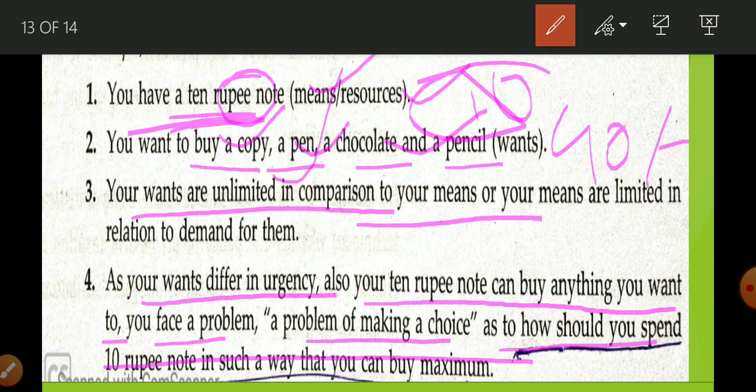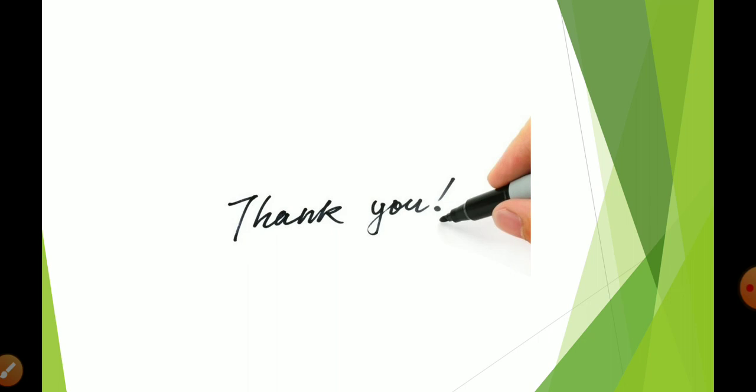Suppose it is a holiday and you are hungry, you can purchase a chocolate. If you want to draw something, you are going to choose a pencil. If you want to make notes and you do not have any copy, you are going to use these 10 rupees for purchasing a copy. So it depends upon your situation, and according to that, urgency is decided, which want is more important.